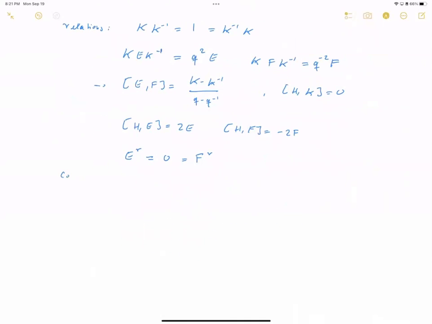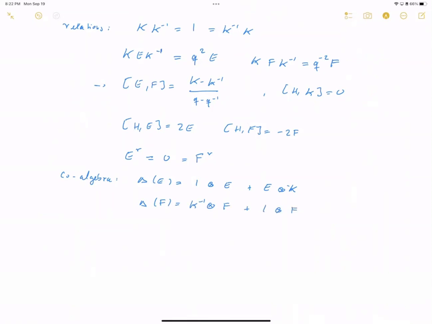It also has a co-algebra structure. That's of course very important because it tells us how the algebra acts on tensor products. The co-multiplication of E is not trivial: it's 1 times E plus E times K. And similarly for F. These are the usual co-multiplication formulas for quantum groups.